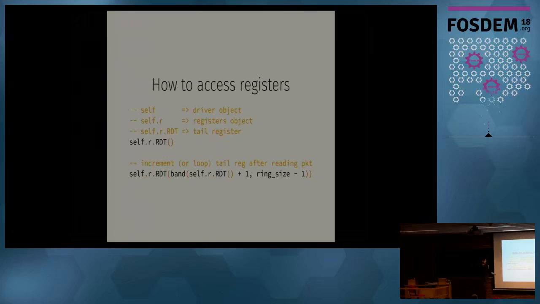Similarly, you can call it by passing a value into it to set the register value. This is using MMIO underneath, using a support library that Snabb provides to do all the actual low-level work. And this line here is just incrementing the tail pointer and making sure that if it goes past the end of the ring, it comes back around.